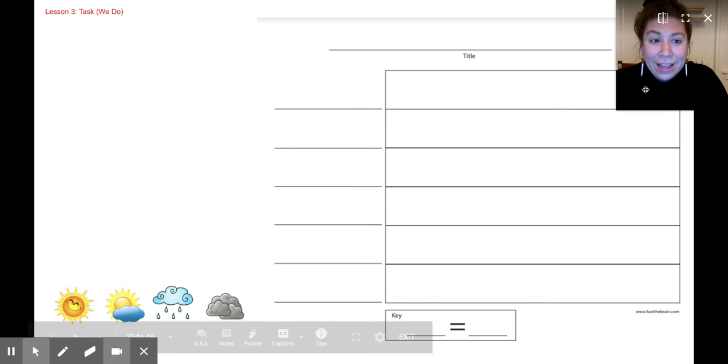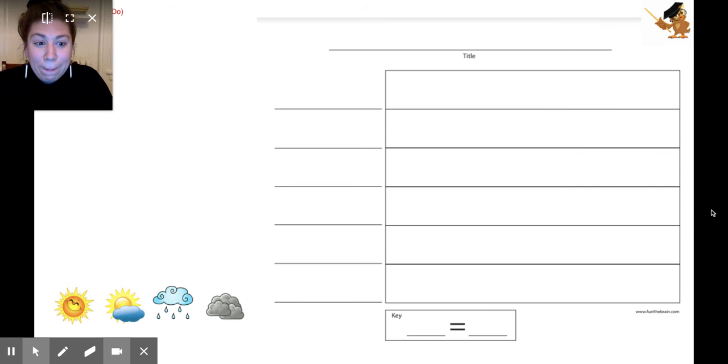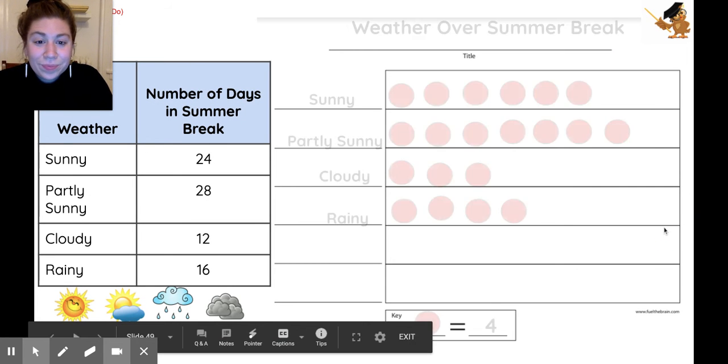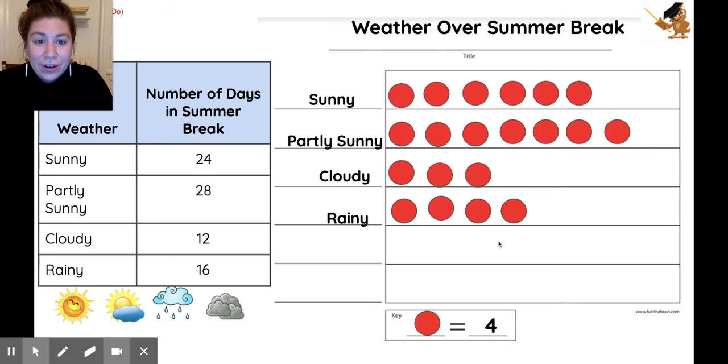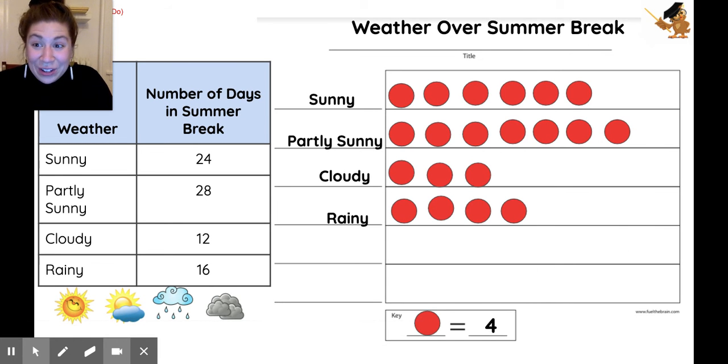So let me show you here how I can construct this. Let me put myself over there. Okay, so here's our data table. So on our frequency table here, or in our pictograph here, we have our title, weather over summer break, sunny, partly sunny, cloudy, rainy.